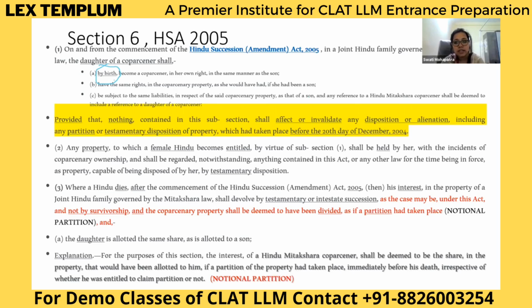So this is notional partition. This has not happened actually, but we presume it so that there will be an easy distribution of property among the descendants. The other terms for it are statutory partition and partition which is presumed, and so these three terms could be used interchangeably.